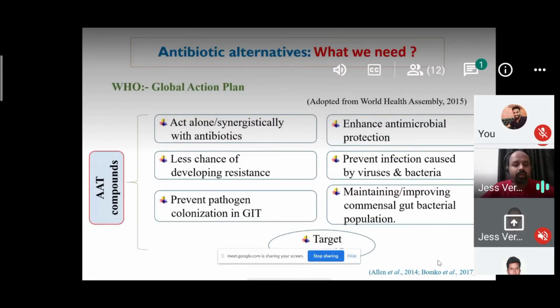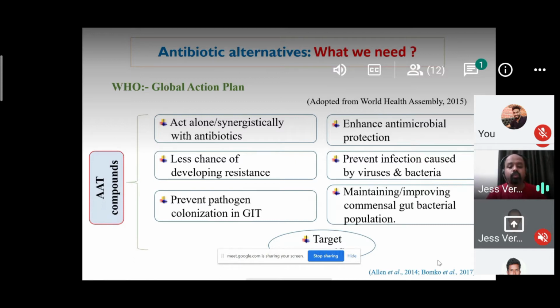And we need to reduce the chance of developing resistance towards the antibiotics which are commonly in use. And we need to prevent the pathogen colonization in the gastrointestinal tract, to further enhance the antimicrobial protection in the host species and to prevent the infection caused mainly by bacteria and, to a lesser extent, by certain viruses.